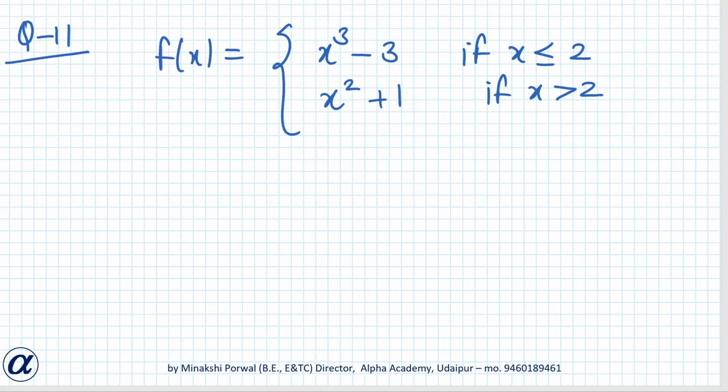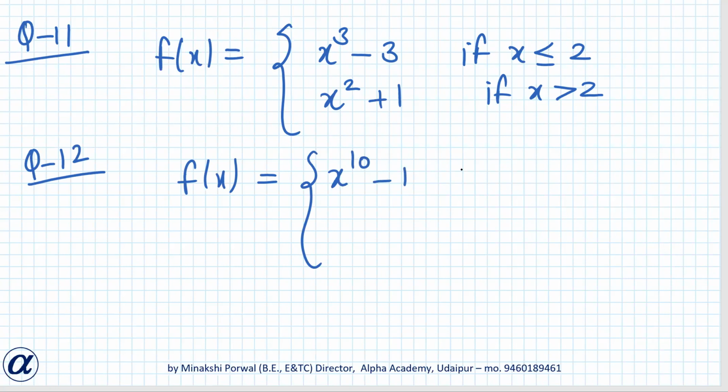Now, question 12. f x equals x to the power 10 minus 1 if x is less than or equal to 1, x square if x is greater than 1. For x less than 1, the definition of the function is this, a polynomial function, so it will be continuous.